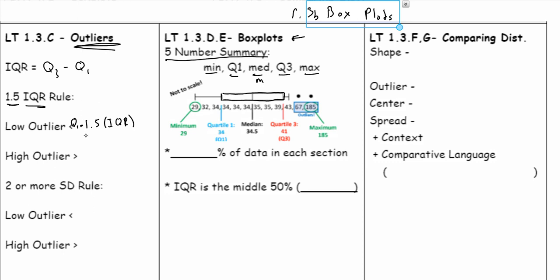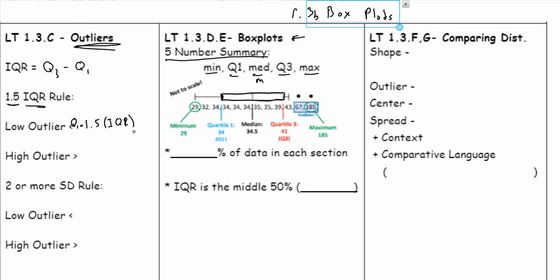So anything that is less than this, Q1 minus 1.5 times IQR, is what we refer to as an outlier. That's what's going to give you the value where your outlier range is.